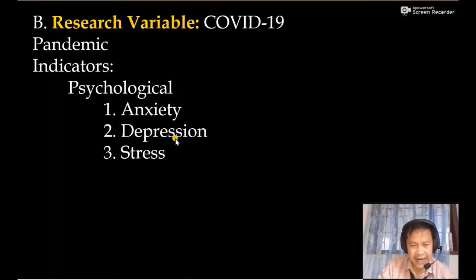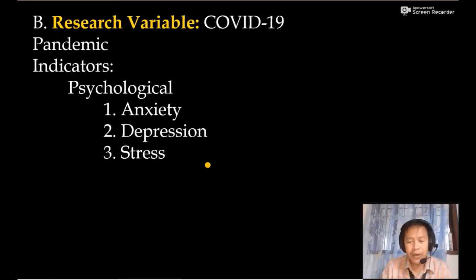Anxiety, then stress, then you have the depression. Because depression is a very severe mental or emotional problem, no? So these are the psychological effects of the COVID-19 pandemic. You have the anxiety, you have the depression, and of course, stress.